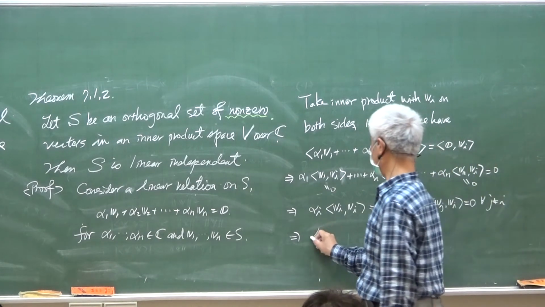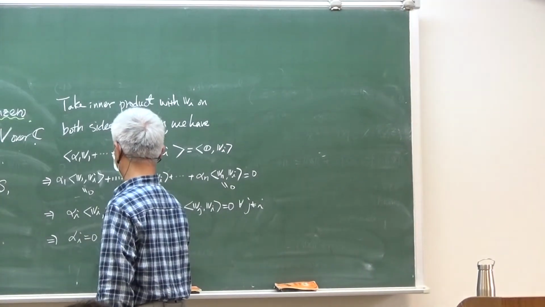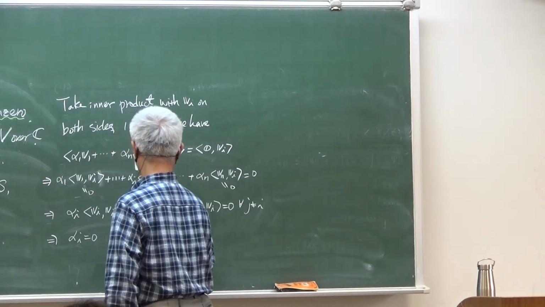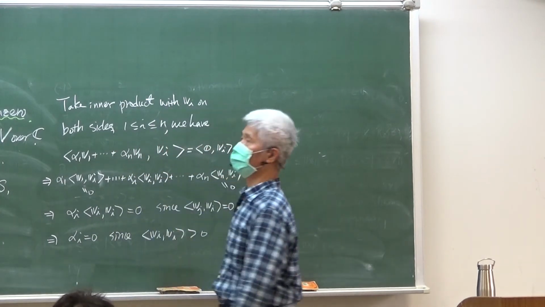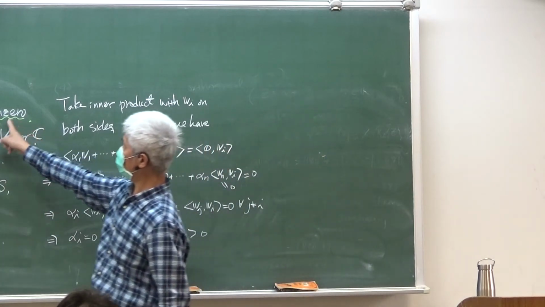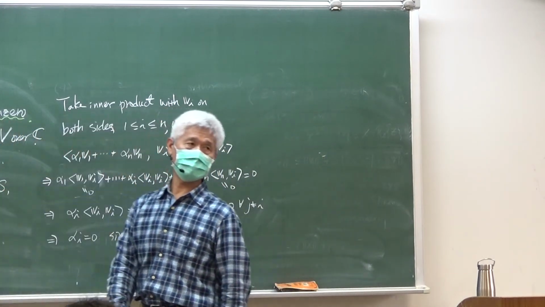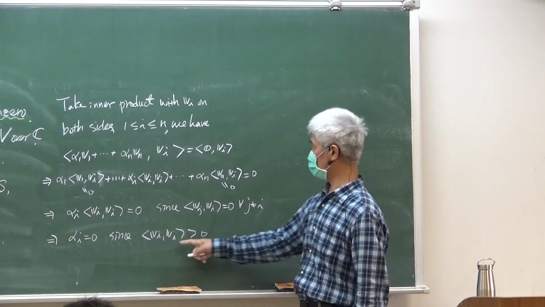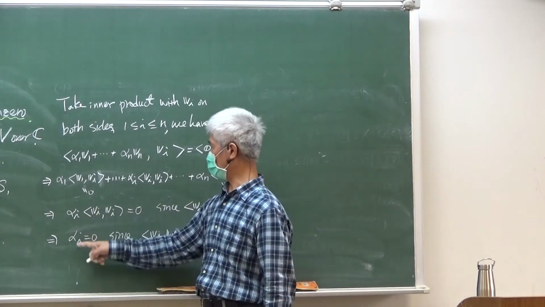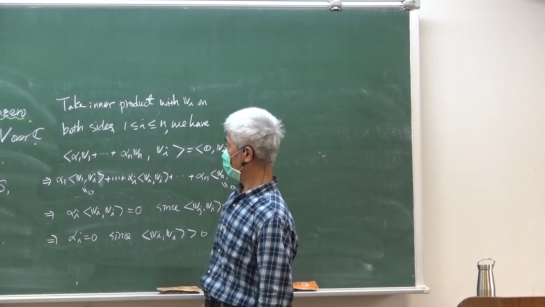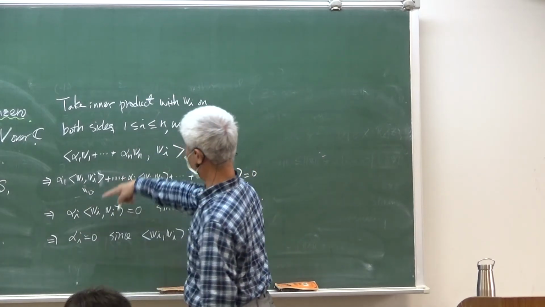This implies that alpha i equals 0, since <vi, vi> is greater than 0. Why? Because we are considering non-zero vectors, and for non-zero vectors this inner product is always positive. So alpha i is 0, and this is true for all i.